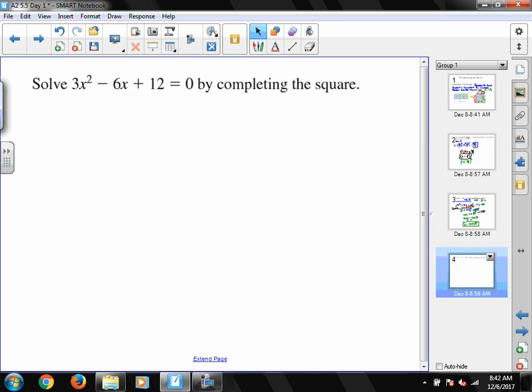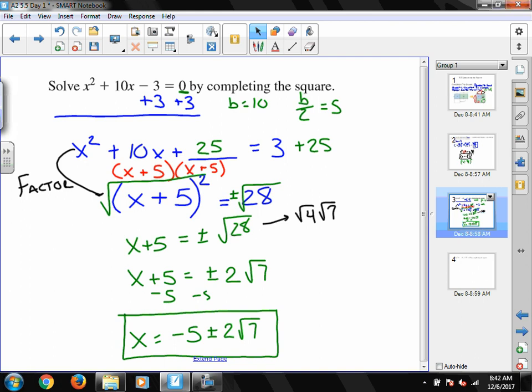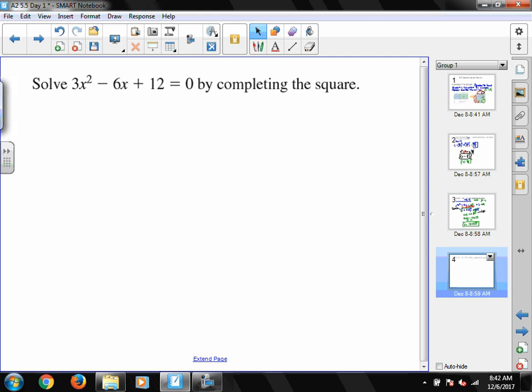Last one I've got for you. 3x squared minus 6x plus 12 is equal to 0. We're going to solve this by completing the square. The difference between this problem and the last problem is that our a value is not 1. Now our a value is 3.